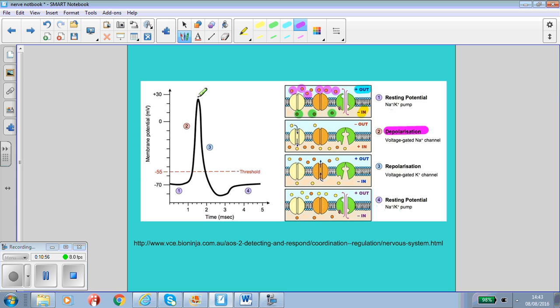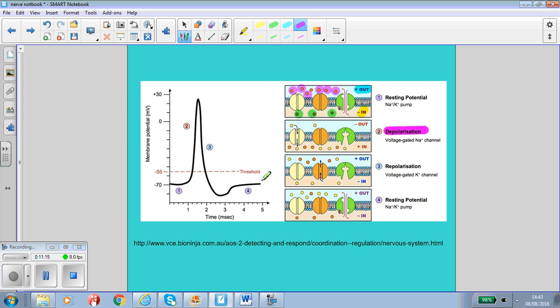So we were up here because the cell had been depolarized, and now as the sodium leaves the cell and the potassium remains, the current will drop and it will go back to its resting state.